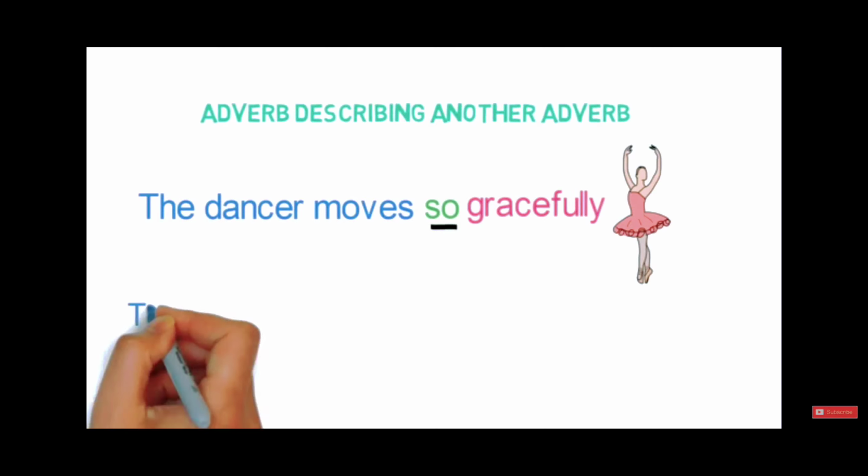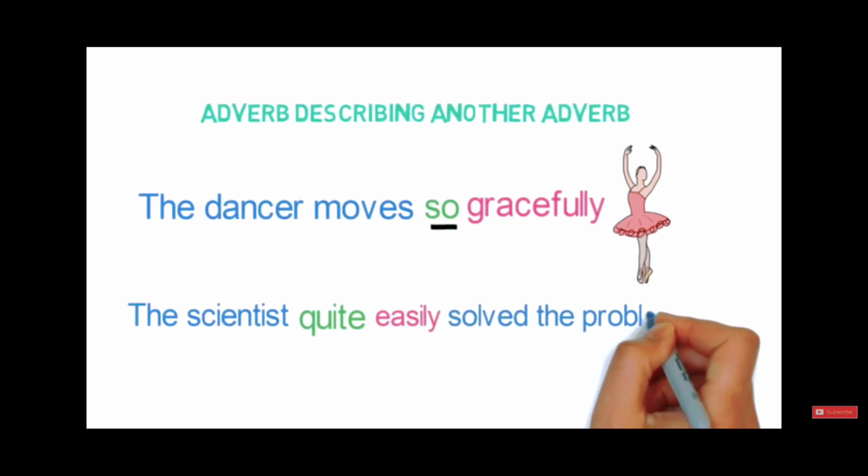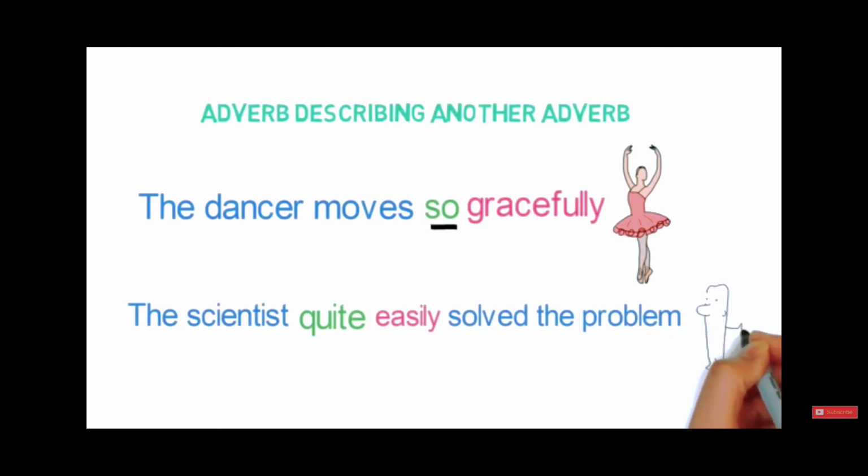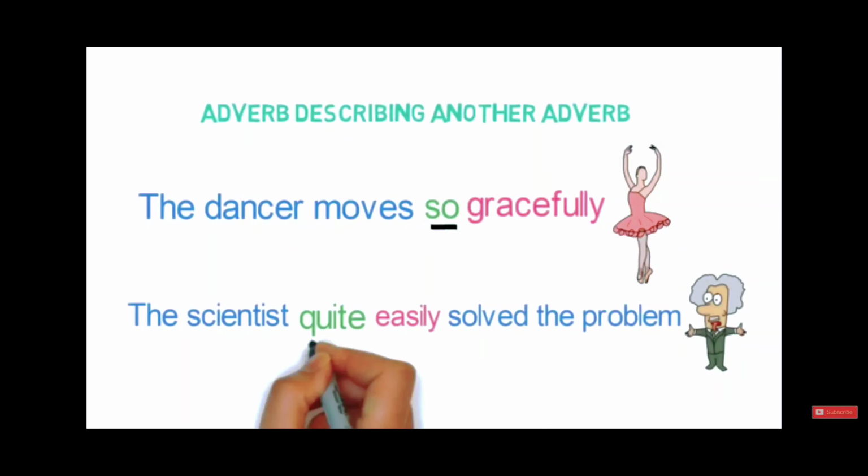The scientist quite easily solved the problem. Here the word easily is describing the action of solving the problem. So it is an adverb. But the word quite is used to describe the adverb easily. So quite is an adverb here, and it also describes another adverb, easily.